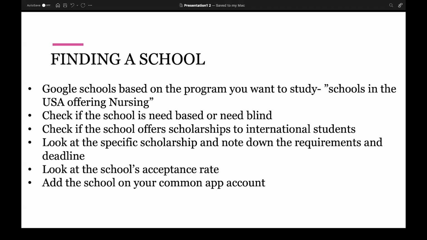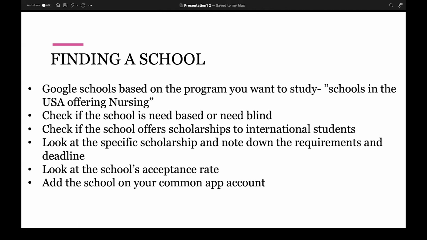Then you go to each of the schools that you're looking at. For example, maybe the first option is University of Pennsylvania. You open another window on Google and check whether University of Pennsylvania is need blind or need aware. If a school is need aware, it means they will accept you if they know you are in a good financial position to pay the tuition.